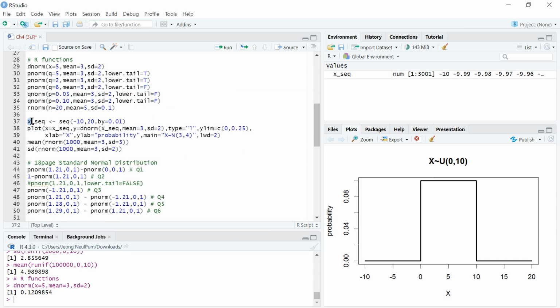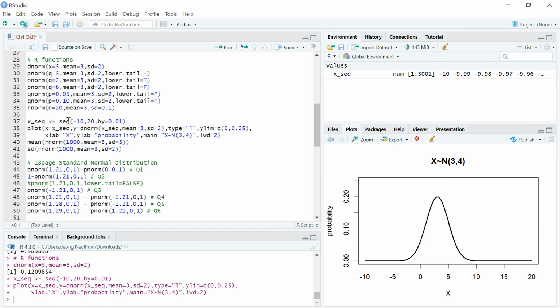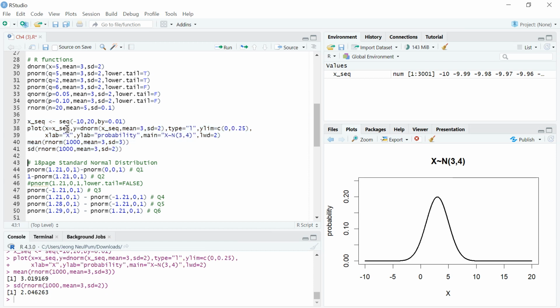So this is also the same thing, plotting the normal distribution, which is maybe not that important in our class. This is just for checking if we are dealing with a real normal distribution.